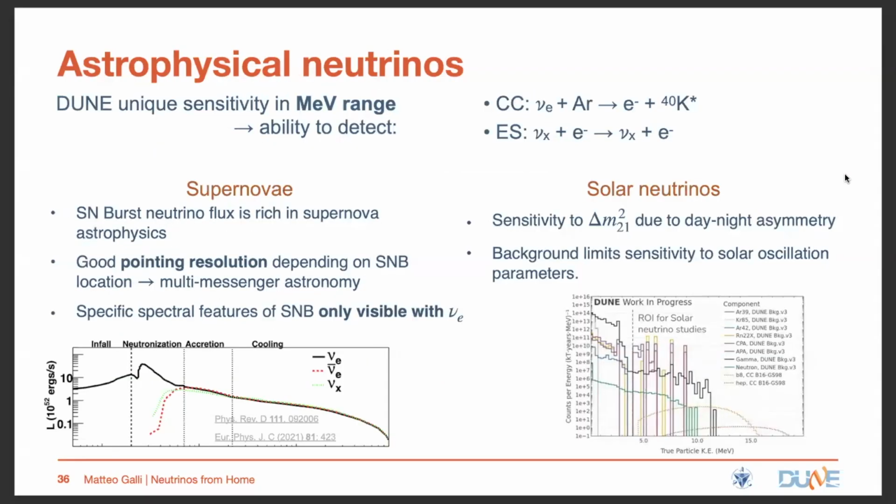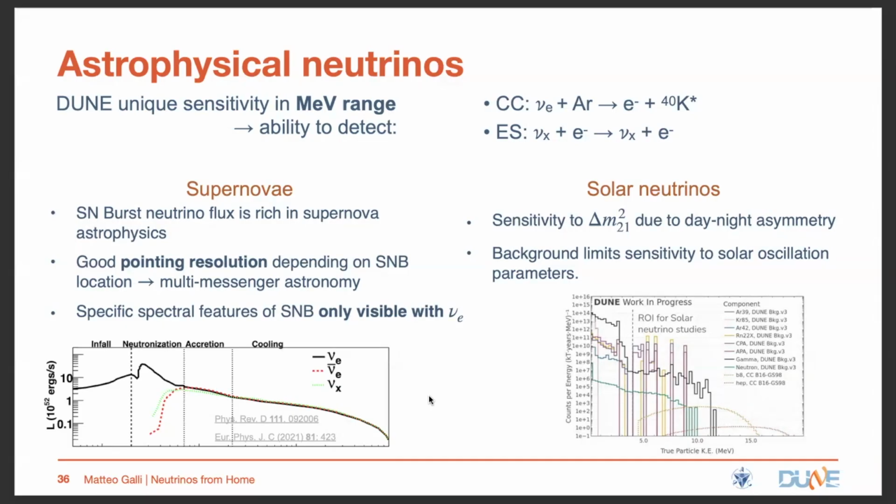DUNE also has a unique sensitivity in the MeV energy region. This ability allows the detection of two interaction channels, charged current and elastic scattering. And these interactions give the possibility to look at astrophysical neutrino sources. For supernova detection, measuring the complete neutrino flux from a supernova burst gives the possibility to study the core collapse mechanism.